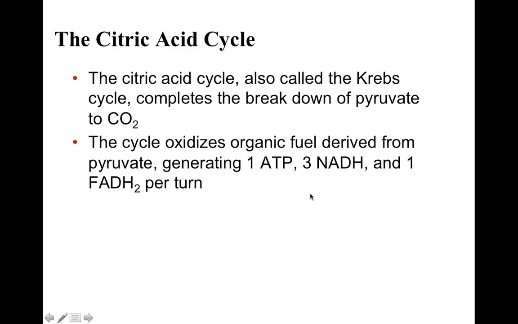And remember, that's per pyruvate molecule, but remember from glycolysis, we got 2 pyruvate molecules. So per glucose molecule that we start off with, we get 2 ATP, 6 NADH, and 2 FADH2 per turn, or per glucose molecule. Okay?